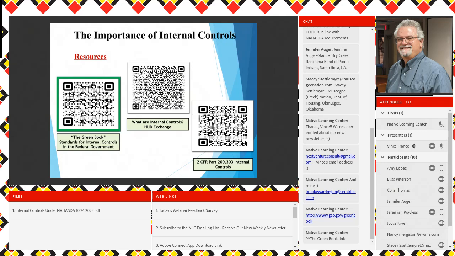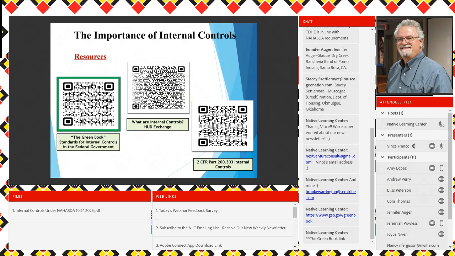It's a rather large document, a little difficult to navigate, but if you wish to dig deep and have a base of understanding of why all the federal agencies are obligated to follow internal controls, then knock yourself out. It's a good read, but it's very in depth.